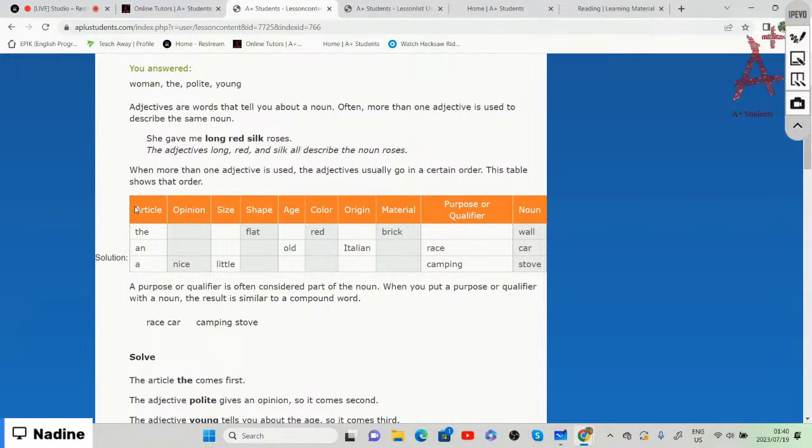And remember we said the, an, or a are articles, and we do not identify articles as adjectives.